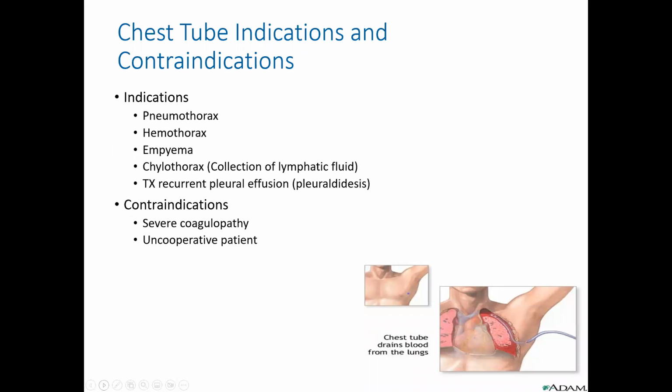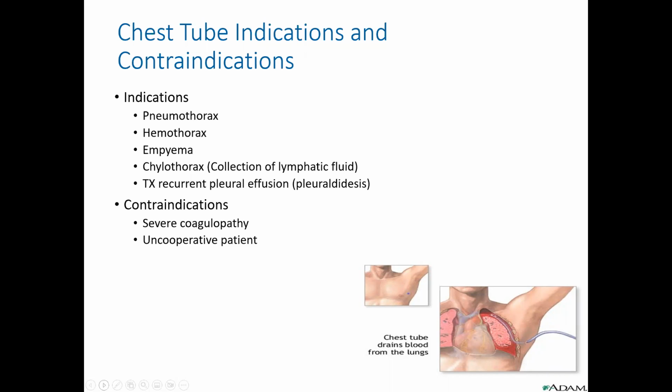Indications, contraindications. So the major indications, not the exclusive ones, are pneumothorax, hemothorax, where you have blood in that space there, empyema, where you have like pus, a chylothorax, which is a collection of lymphatic fluid, and treatment of recurrent pleural effusion, where they put talc, okay, talc, in between the parietal and the visceral layer there.